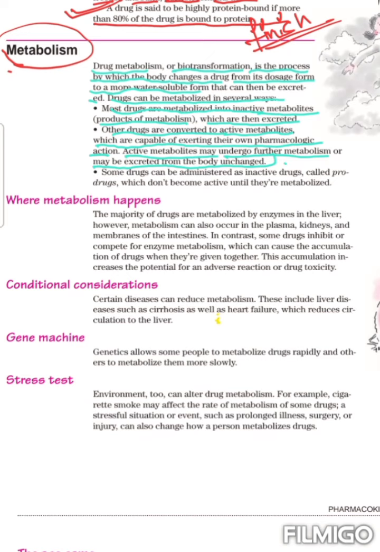Another point: other drugs are converted to active metabolites, which are capable of exerting their own pharmacological action. Active metabolites may undergo further metabolism after showing their pharmacological action, or there is a chance they can be excreted from the body unchanged as well.